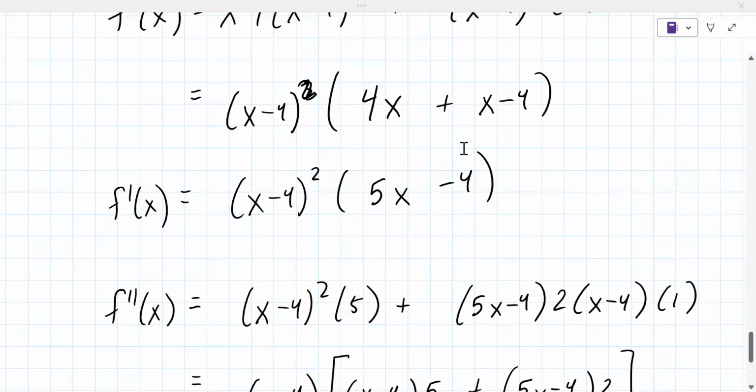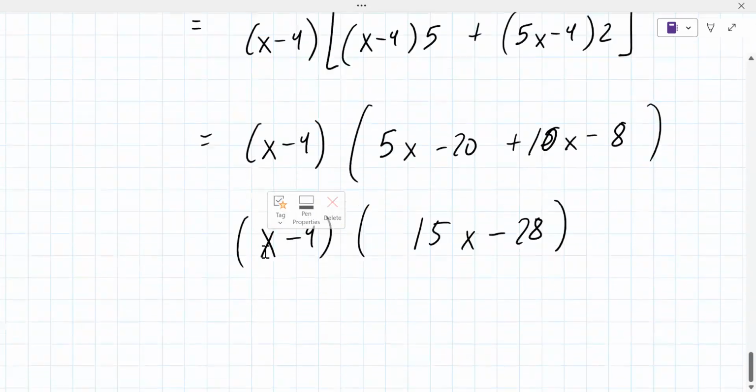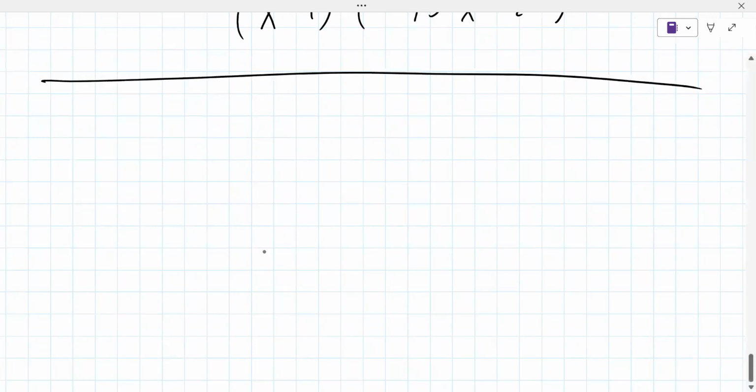That doesn't look right. Did I not write this? I made a mistake somewhere. Oh, this was supposed to be a 3. So I messed this up real bad. I apologize. Disregard everything I just did.